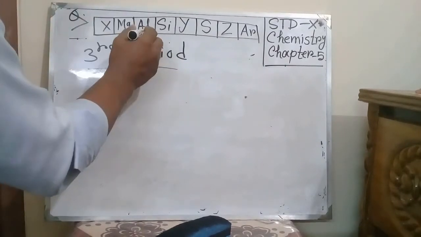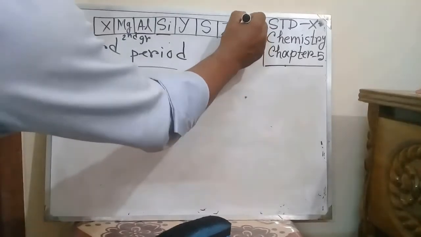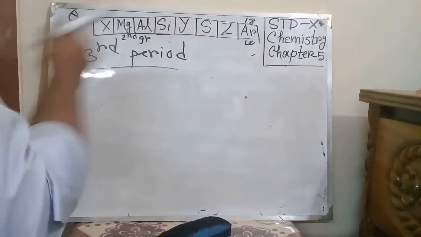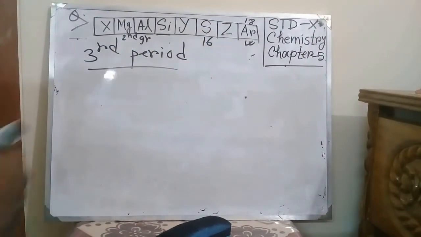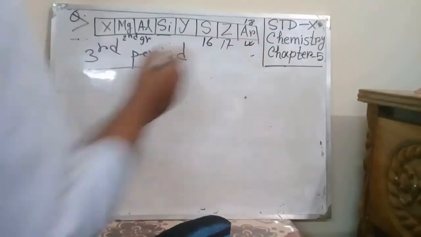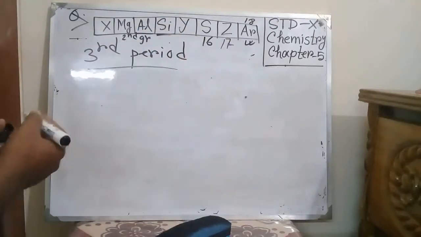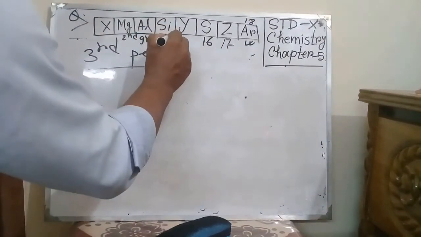And silicon. The last one is argon. Of course this is the element of group 18. And sulfur is the element of group 16. So Z will be the element of group 17. And silicon, we know, is the element of group 14.